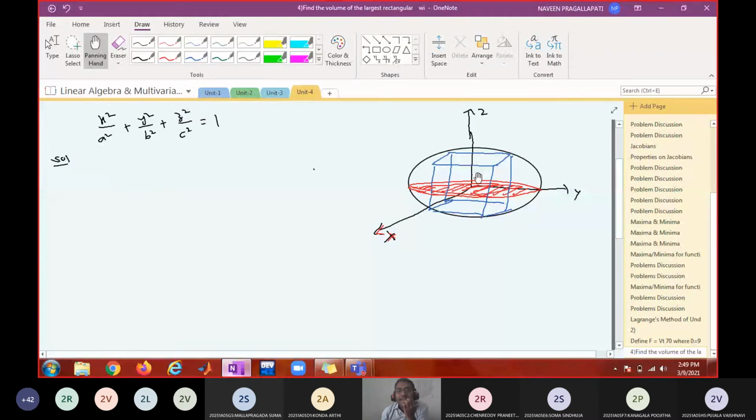You have to inscribe a rectangular parallelepiped, a cuboid, inside an ellipsoid.